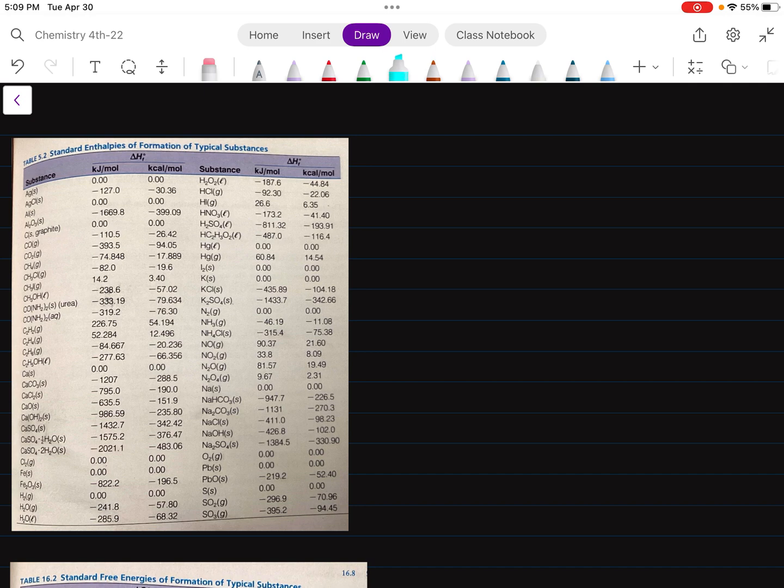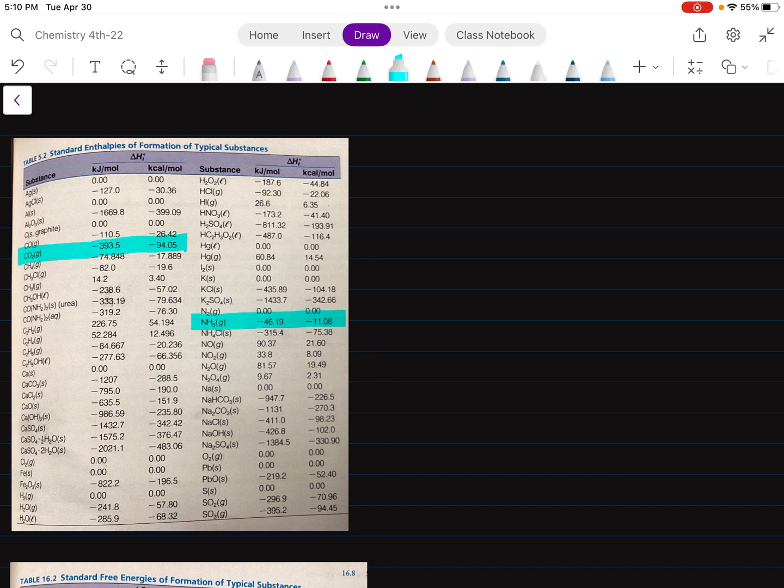Now, we're working with CO2 gas as one of our products, so that's going to be this one right here. We're working with ammonia gas, which is this one right here. We're also working with pure liquid water, so we're going to find that.